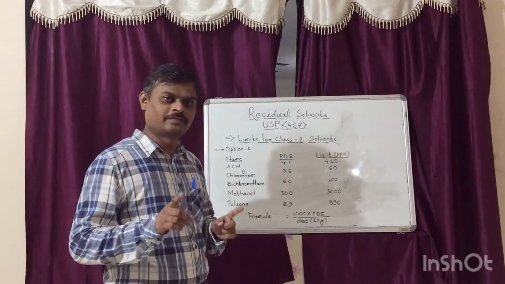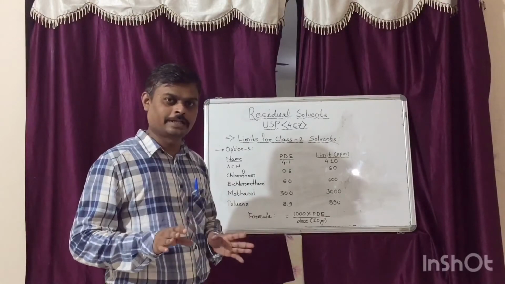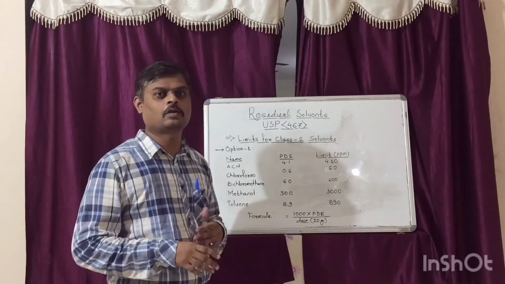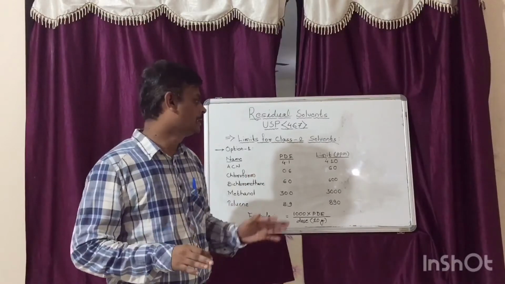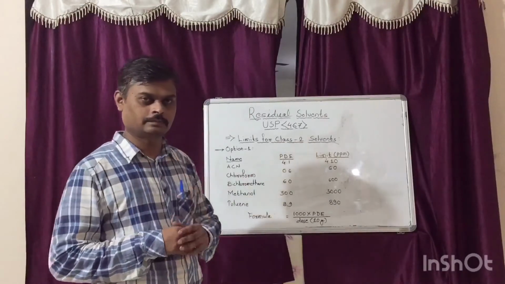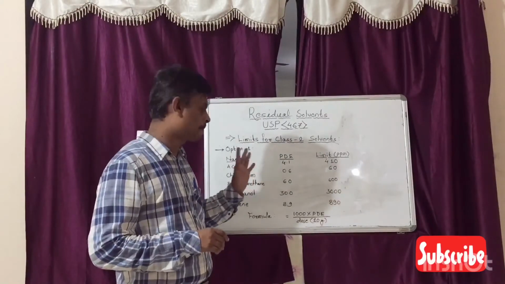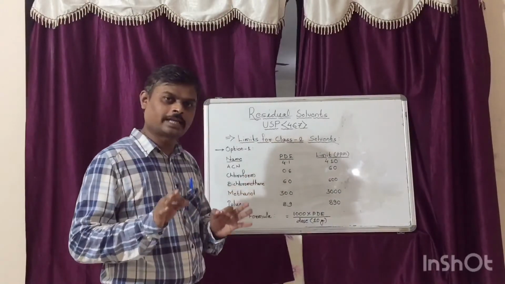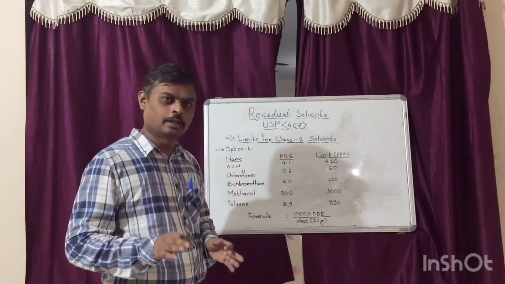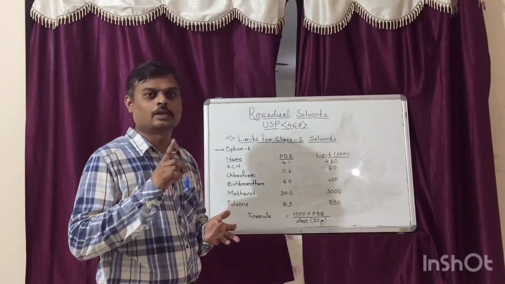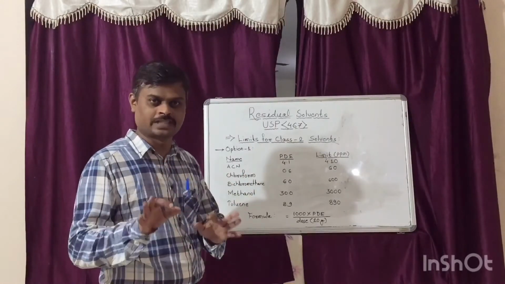There are two different options provided for the establishment of specification limits of class 2 residual solvents. First is the option 1 criteria. Option 1 criteria is applicable when the daily dose is not known or fixed.